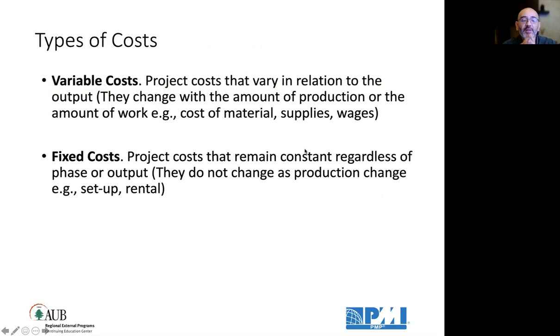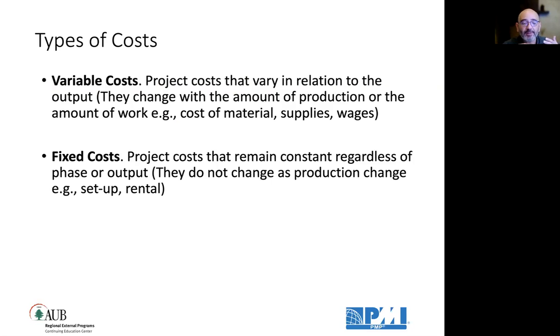Types of cost: we have variable cost and we have fixed cost. Like in business, you have cost of sales and overheads, or direct cost and indirect cost. Here, the same concept applies. The variable costs are the costs that vary in relation to the work produced. Meaning if we work we incur the cost, if we don't work we don't incur the cost.